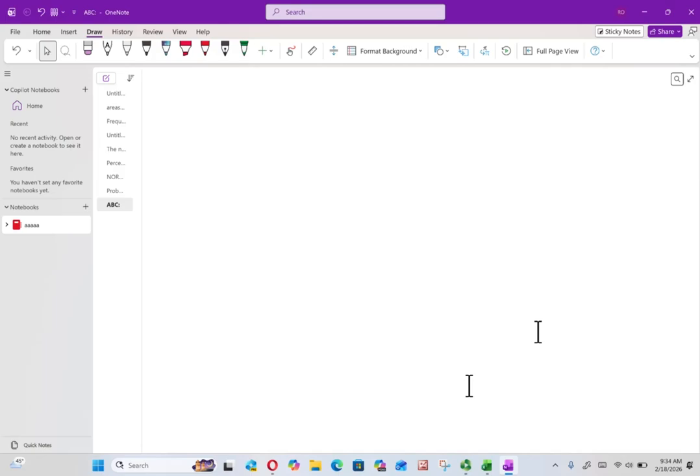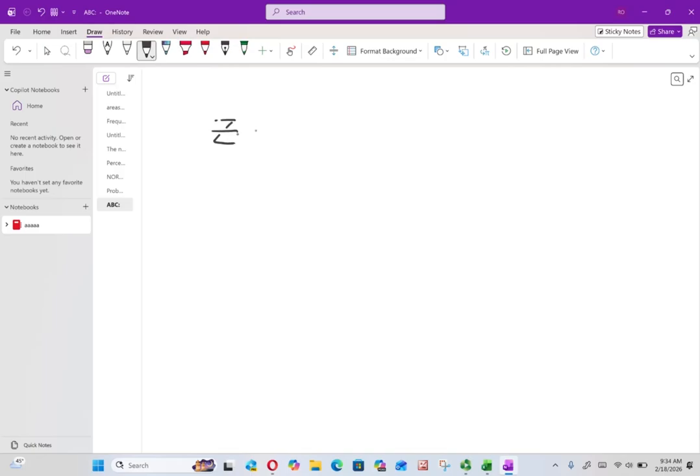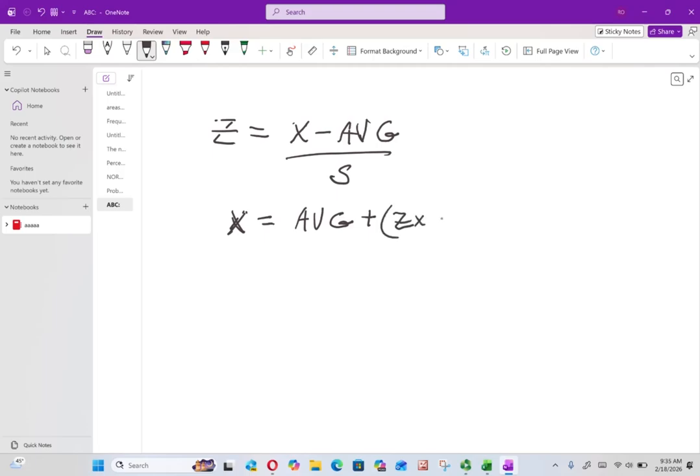I don't know who decided those things, but the fundamental theorem of statistics is Z, the distance from the average measured in standard deviations, is that I can go back. X is equal to the average plus the z-score times the standard deviation.